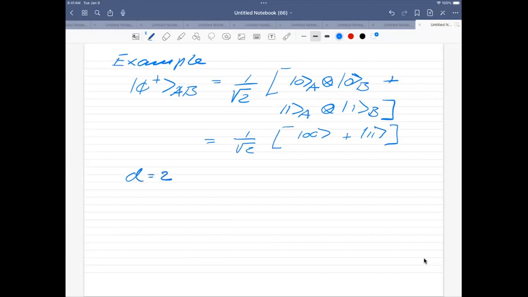We have two states, |00> and |11>, and we have two singular values or eigenvalues for this system, which are 1 over square root of 2. If I square them, I get the probabilities. And the sum of these two, lambda 1 squared plus lambda 2 squared, is equal to 1.